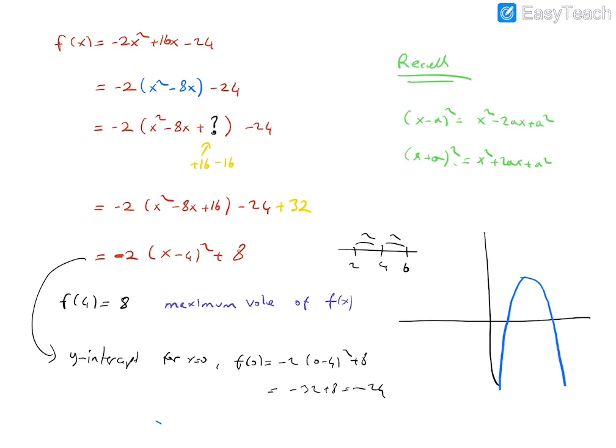The y-intercept is minus 24. This is the symmetry line, x equals 4, and the x-intercepts are 2 and 6. This is the graph of this function.